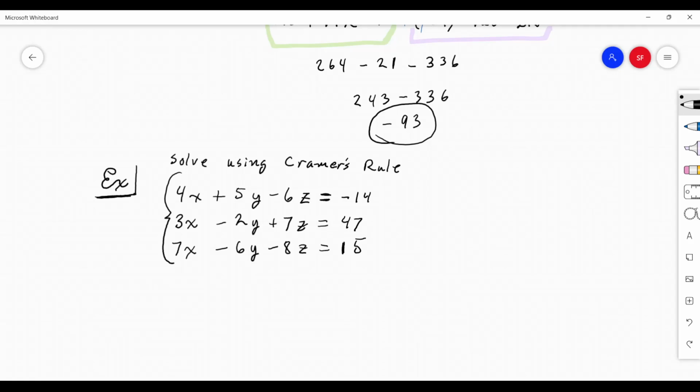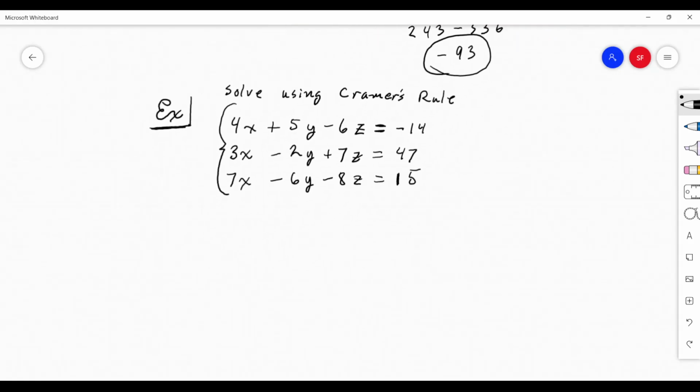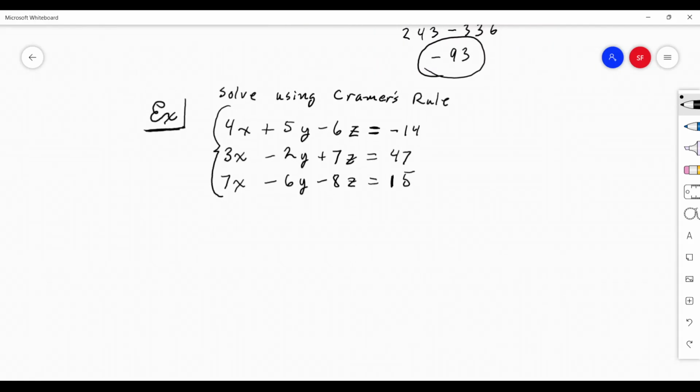Okay. So to do this using Cramer's rule, we've got to do 4 determinants. We've got to do our core one, and then one where we're replacing the x's, one where we're replacing the y's, and one where we're replacing the z's. Same thing as a 2 by 2, just with an extra variable.